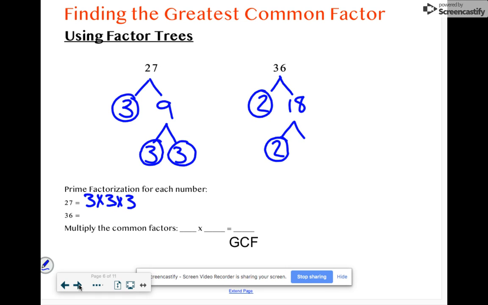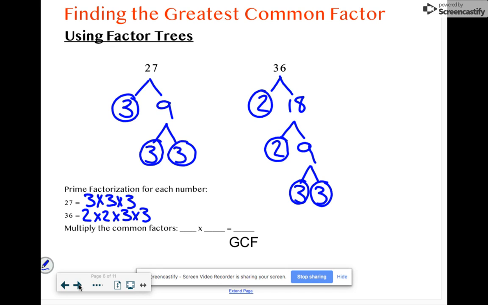Now half of 18 is 9. 9 is still composite. And if I look over at my 27, I know that 3 times 3 would be my 2 prime numbers. So again, I need to write this out from least to greatest. So I'd have 2 times 2 times 3 times 3.